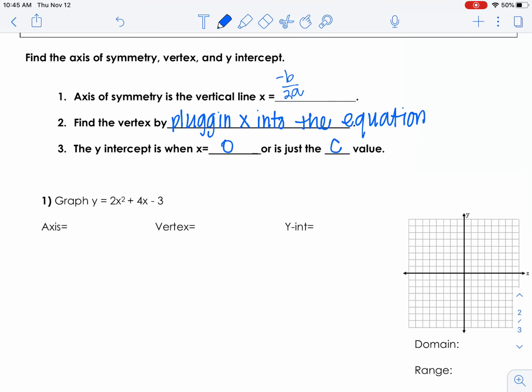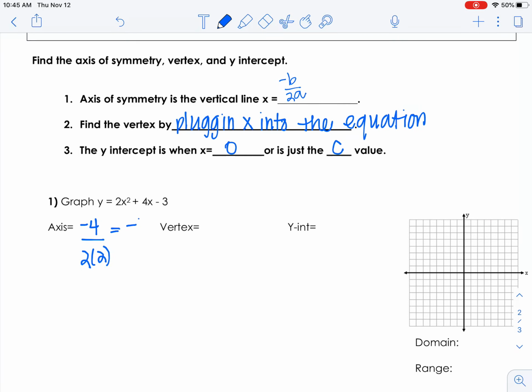So that's another option that we can use when we're graphing. Okay, so here our graph says 2x squared plus 4x minus 3. So the axis of symmetry in this case is the value of -b, so -4 over 2a, where a is 2. Well, this turns into -4 over 4, which is -1.